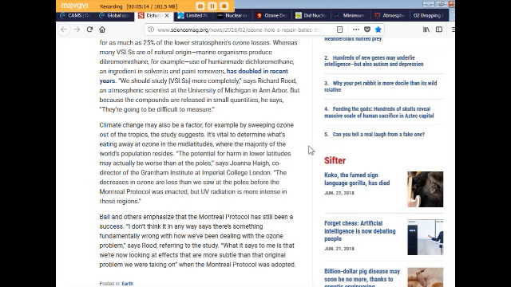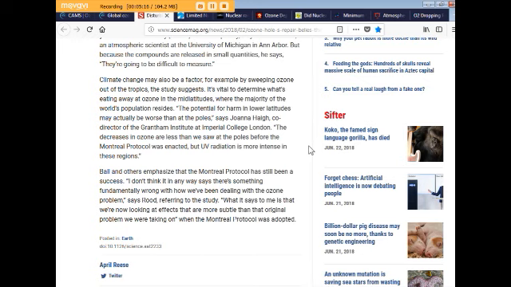Climate change may also be a factor. For example, by sweeping ozone out of the tropics, the study suggests. It's vital to determine what's eating away at ozone in the mid-latitudes, where the majority of the world's population resides.